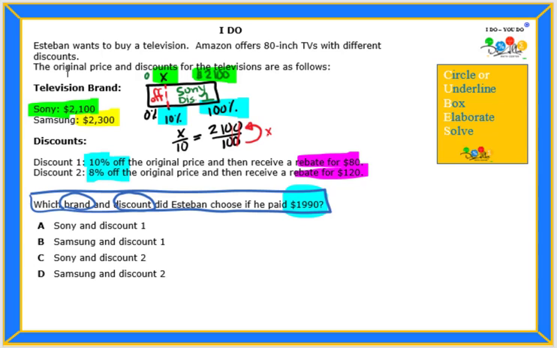So 100 times 21 gives us 2,100. Then on this side, we can use the same relationship, 10 times 21, and 10 times 21 is 210. So X equals 210.